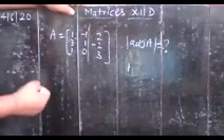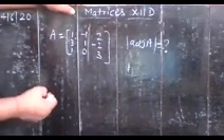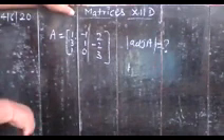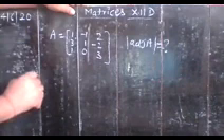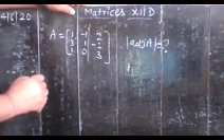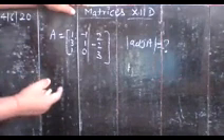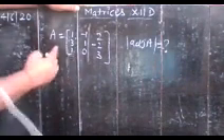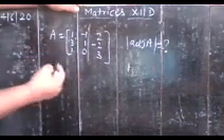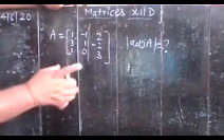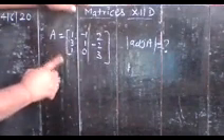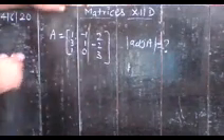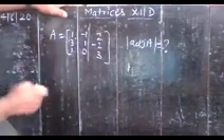Here you apply the property of the determinant of the adjoint of a matrix. You well know the determinant of adjoint A is equal to determinant of A to the power n minus 1. Here you have a matrix of order 3, so n is equal to 3. First of all, you find the value of determinant of A from this given matrix.